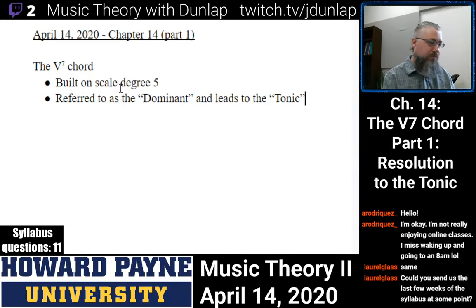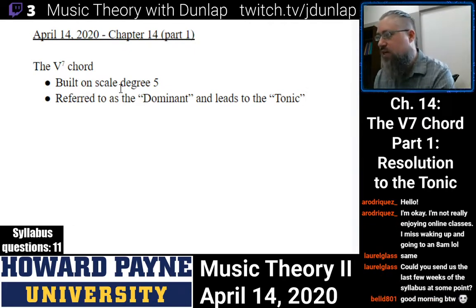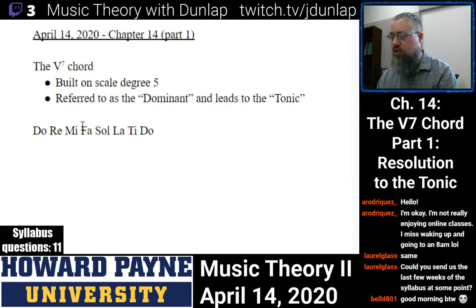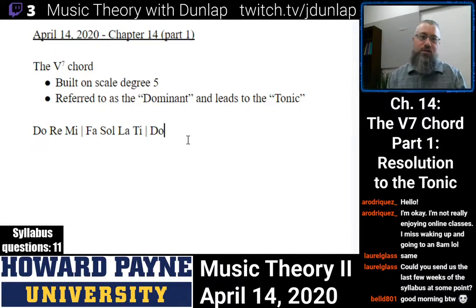So we have the dominant triad. We're going to add one more note. So when you have your scale, I'm going to put a little line wherever the half steps are. A diatonic scale is built around where the half steps are, and there's only going to be 2 of them. And it's going to be some spacing relative to what you're looking at right here. So our tonic triad is here, and what you've got here is major solfege.